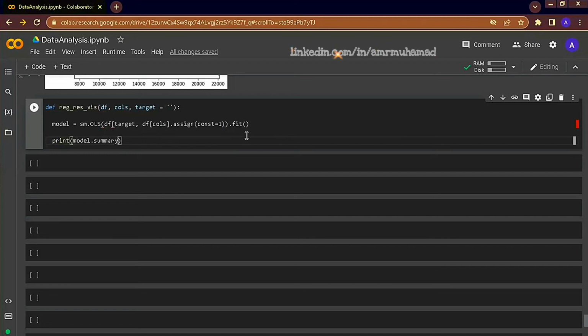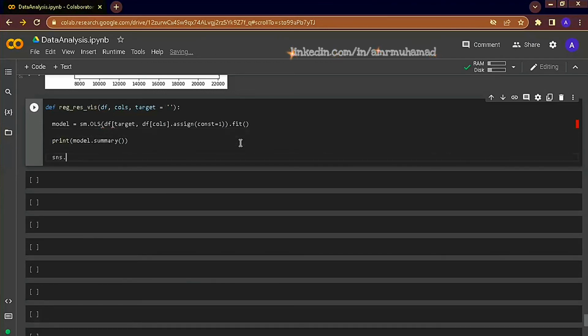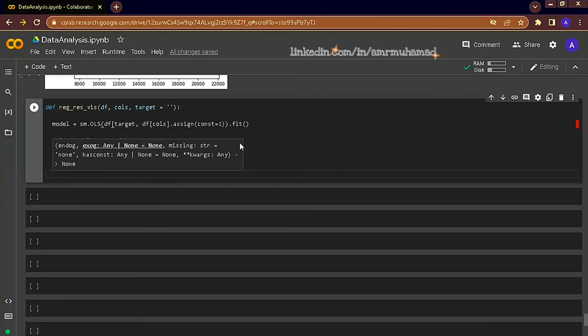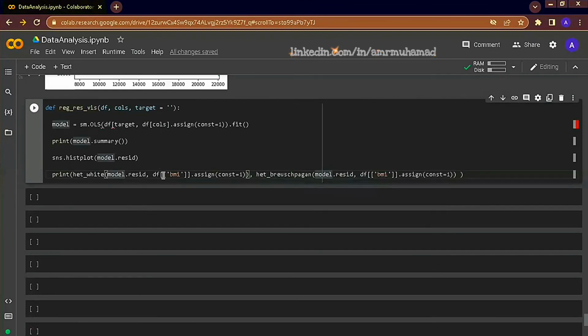Okay, then plot model.resid. Okay, lastly let's print the calculated statistics.